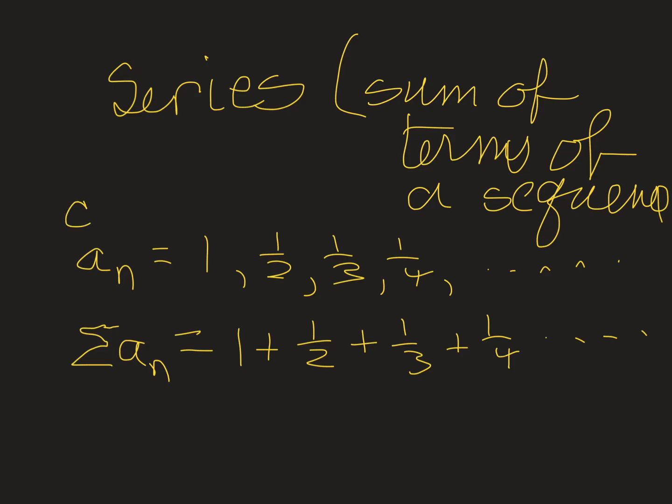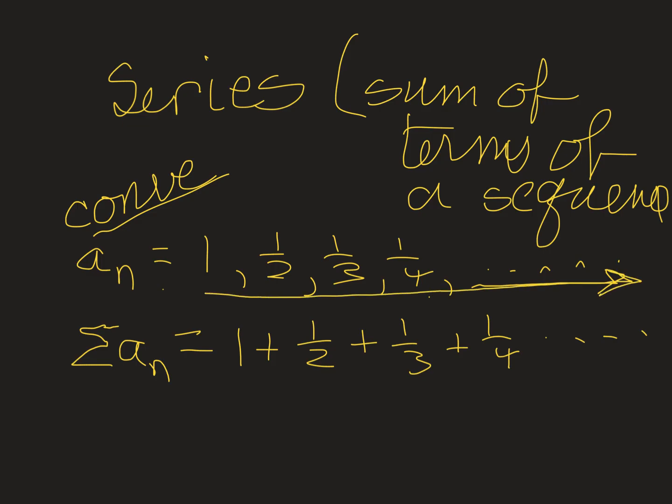Now, when we say convergent for a sequence, we mean that this sequence is approaching a number. In this case, we can see that this one will be convergent and will approach 0.